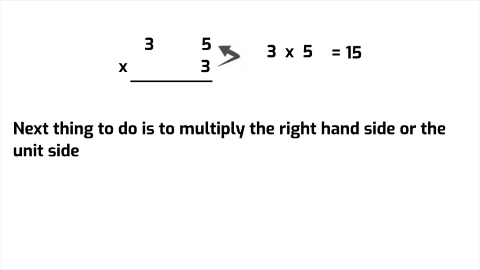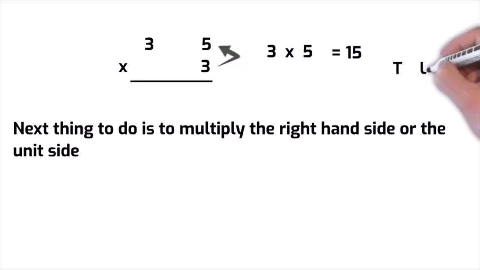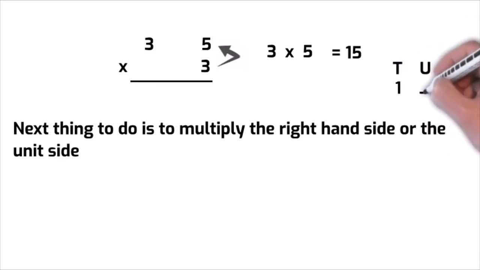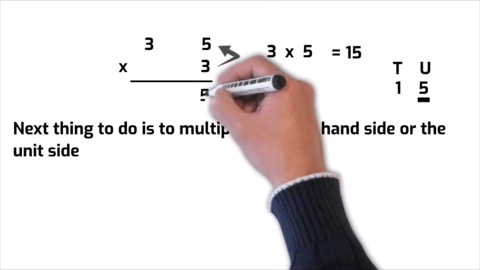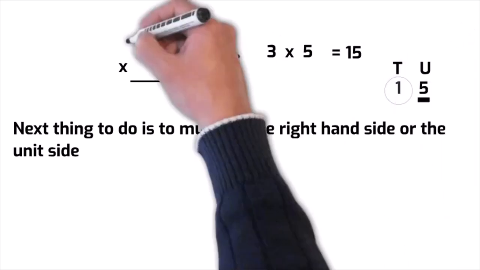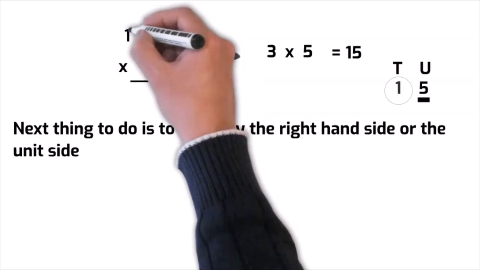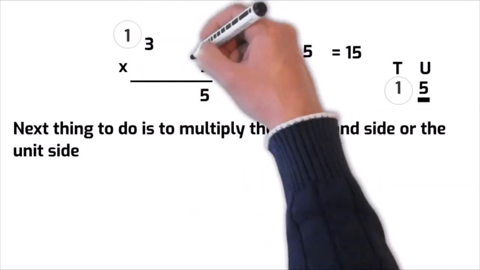So we do this. Tens and units. 1 and 5. And pick out the value for the unit and write it down. In this case, our value is 5. So we go down the unit side and write down 5. Next, we take our 1 and take it to the left hand side and circle it.